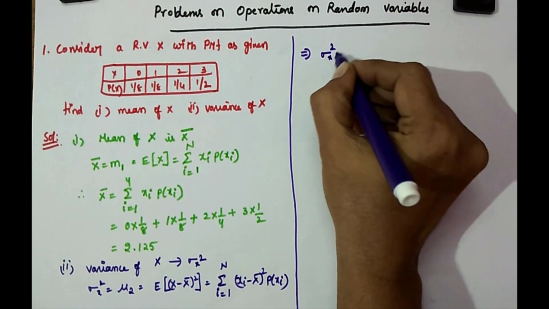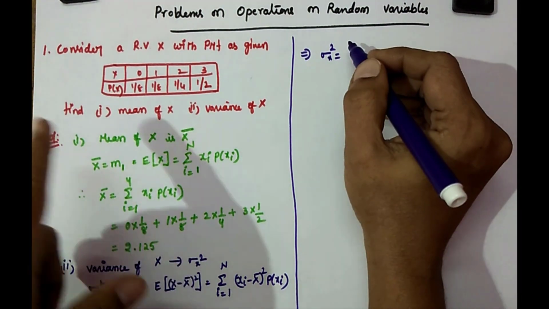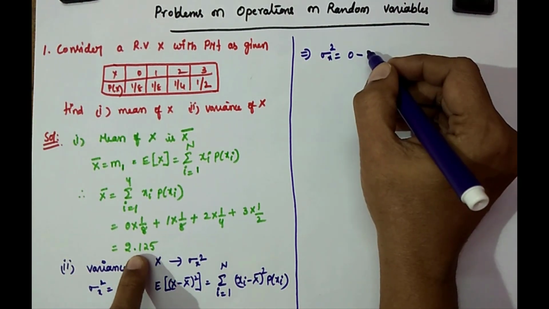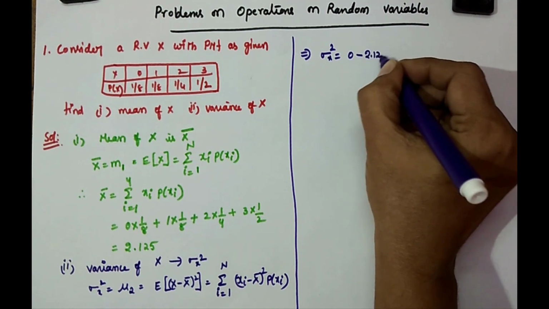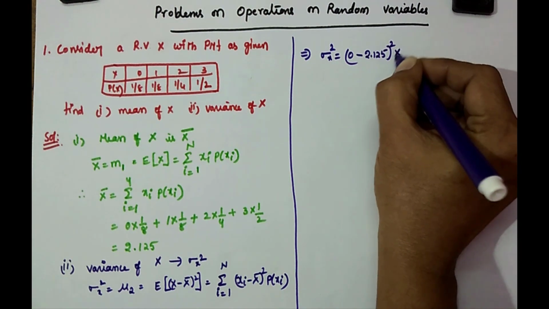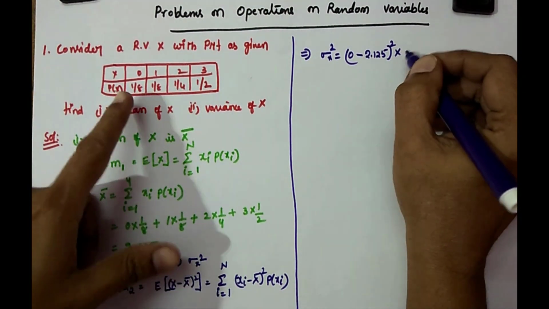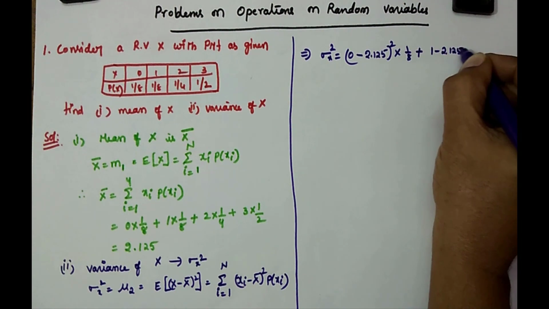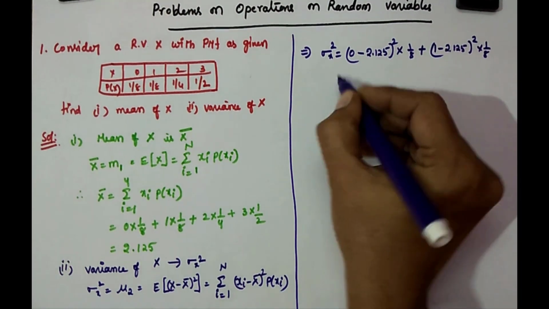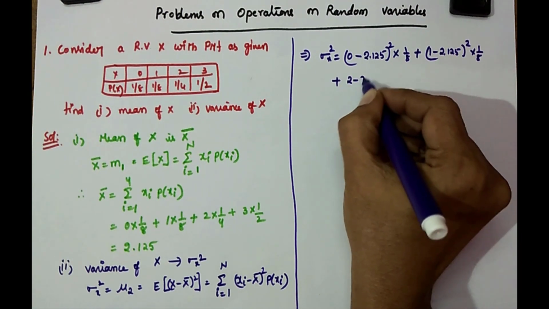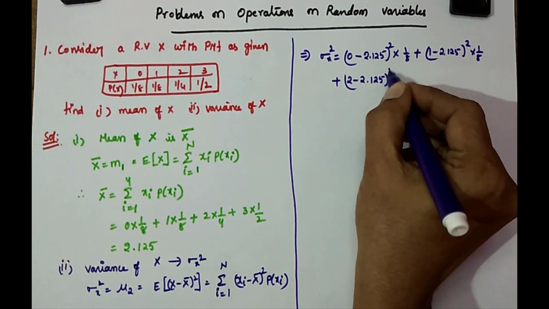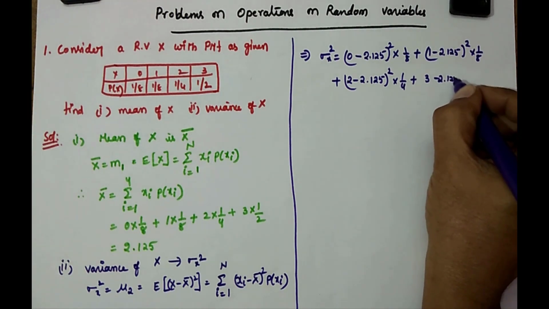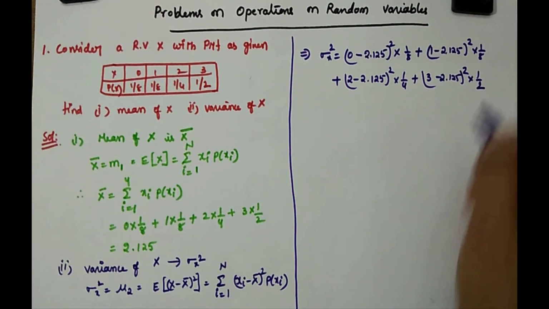your variance sigma x square is, substitute all the values and x bar. 0 minus 2.125, x bar is 2.125, whole square into p of xi is 1 by 8 plus 1 minus 2.125 whole square into 1 by 8 plus 2 minus 2.125 whole square into 1 by 4 plus 3 minus 2.125 whole square into 1 by 2.